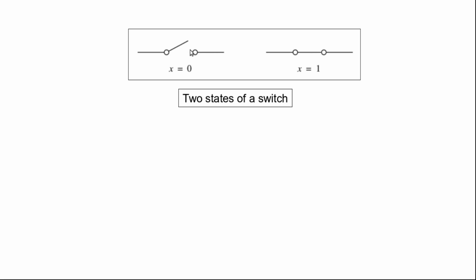So we say that the switch is open or the switch is closed. The switch can be in any one of the two possible states, and we will use this binary variable x to represent the state of the switch. When the switch is open, we say that x is equal to 0, and x equal to 1 signifies that the switch is closed or on.